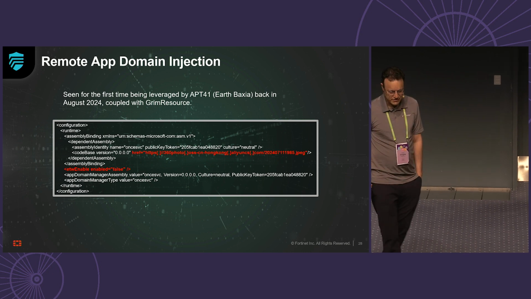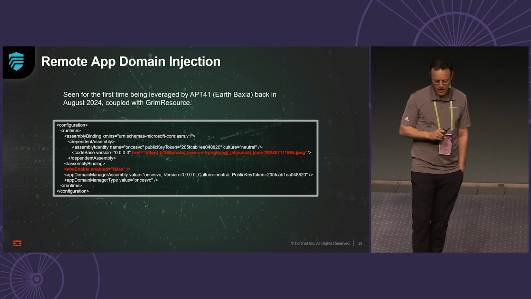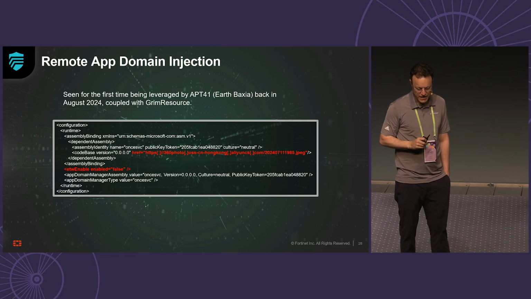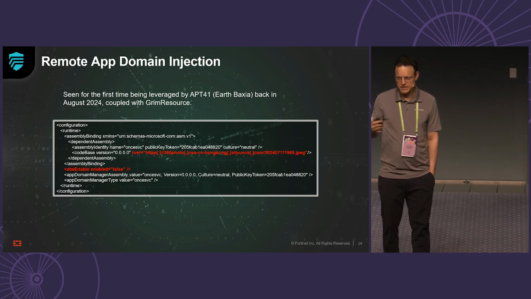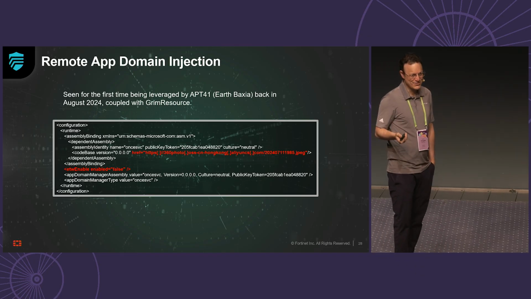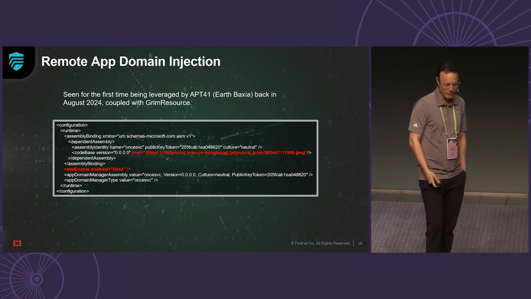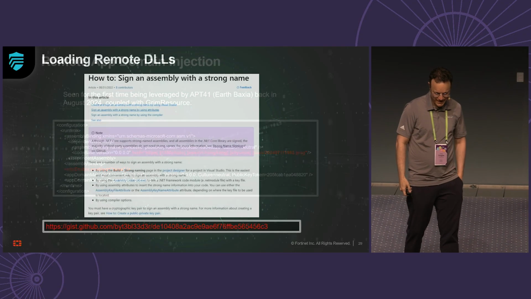And the kicker is that a lot of the detections that could be done to detect this specific attack had to be done through ETW, right? So the kernel logging of processes. But to the attacker's surprise and mine, you can actually disable it from the XML file. Nice, eh?